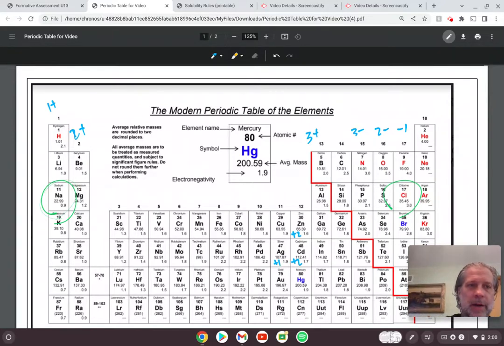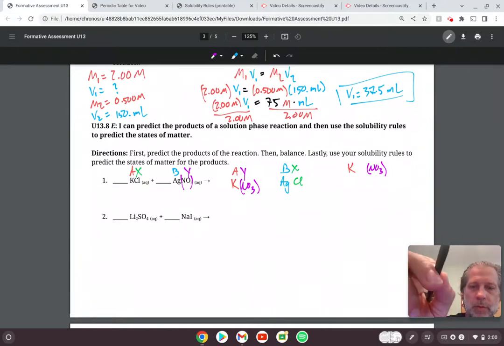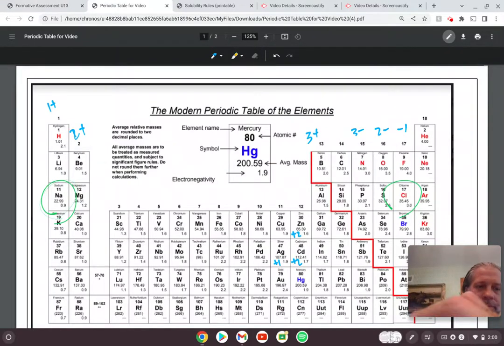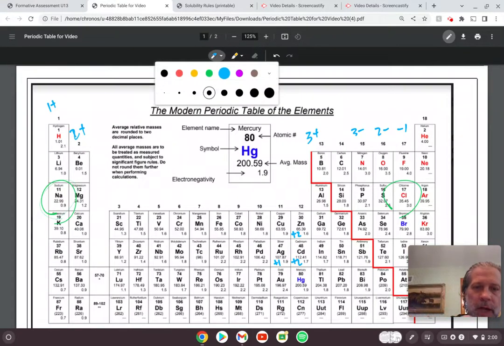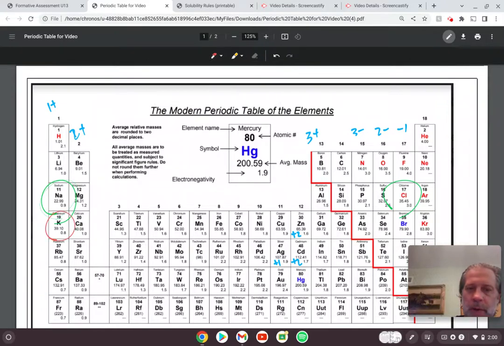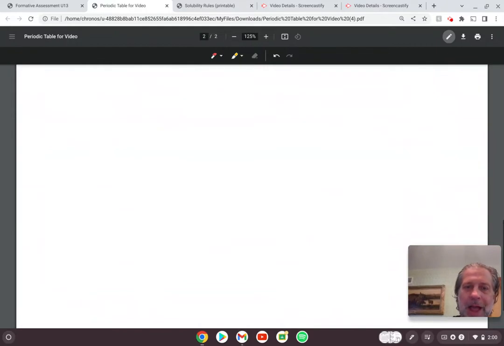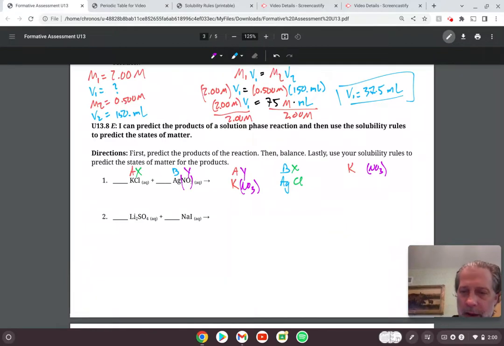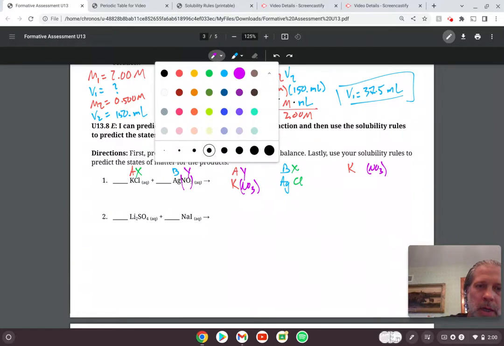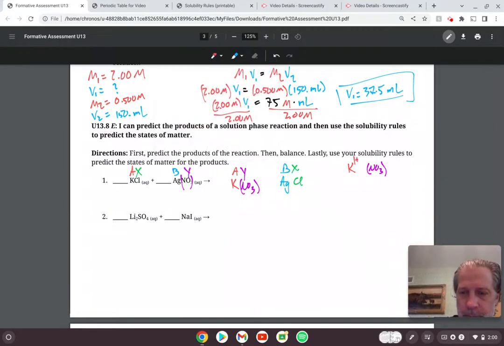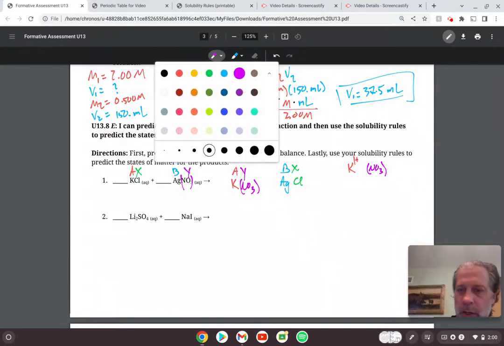So I kind of forgot what I'm doing here. Oh yeah, we're going to start with potassium. So potassium is in the first column, so it's a +1. And if I go down here, I see nitrate, NO3, is a -1. Look at that. So in this case, I have a +1, and nitrate is a -1.